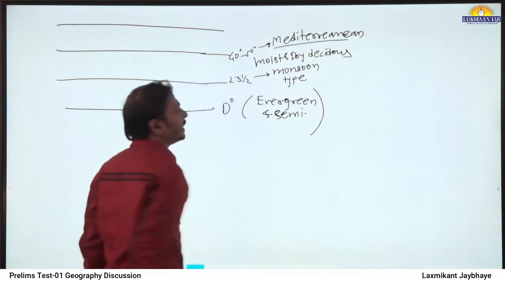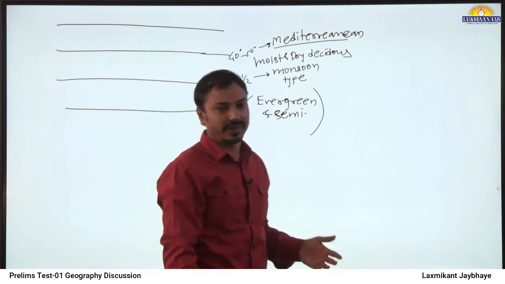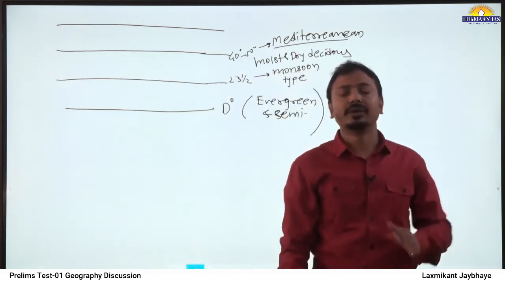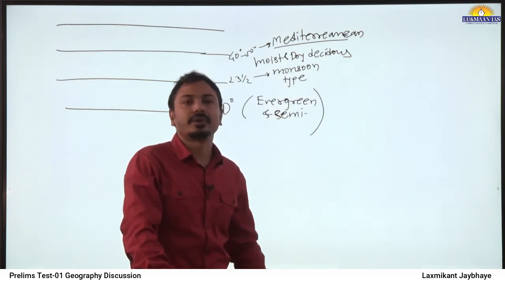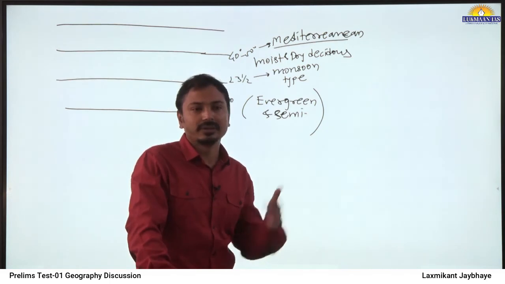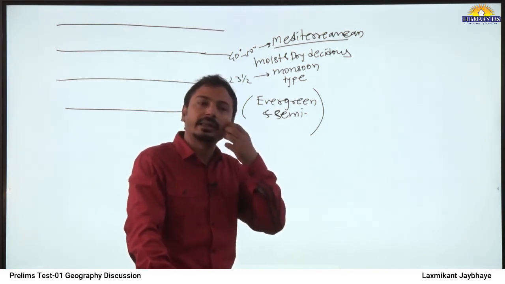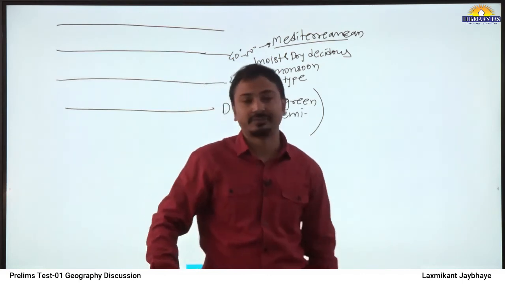ठीक है, मेडिटेरेनियन यूनिक क्लाइमेट, नो, विंटर ड्राई, समर वेट, winter wet and summer dry, opposite, I am sorry. Okay, so during winter there is rainfall, winter rainfall. This is unique to Mediterranean, and that's why it is very famous for citrus fruit cultivation.